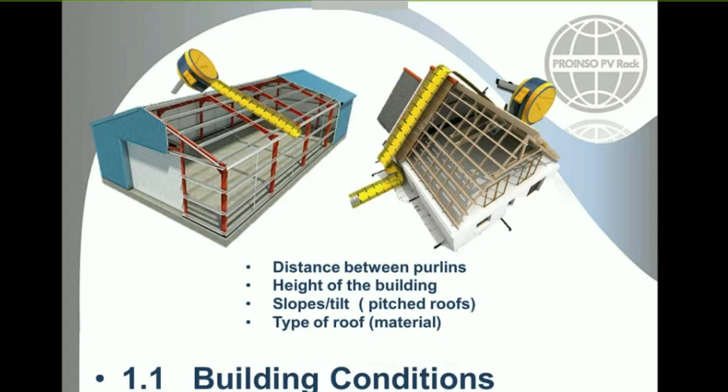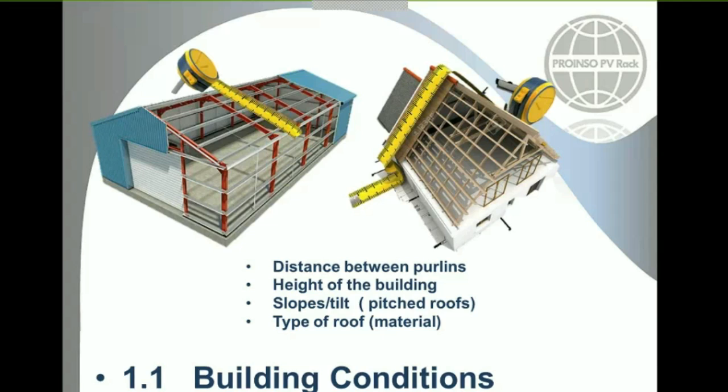The second step inside the building conditions is related to the measurements of the building. For example, the distances between the purlins, which relate directly to the points where our fixings are going to be placed.